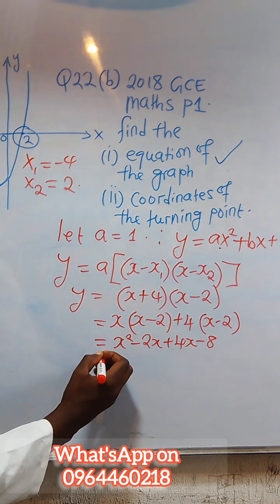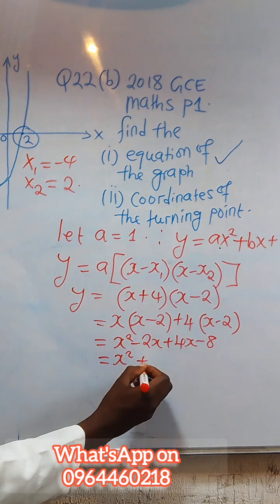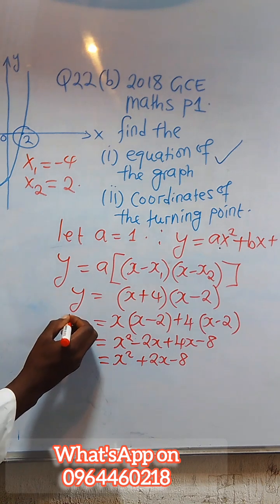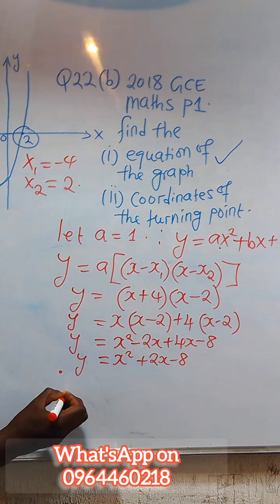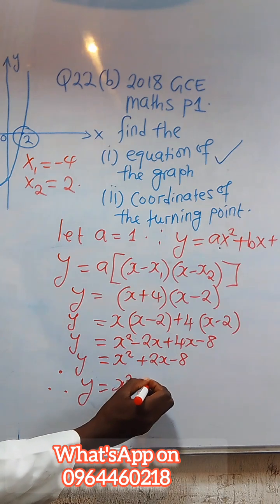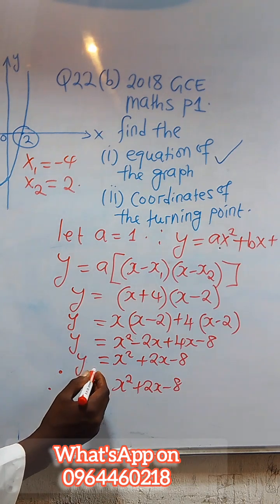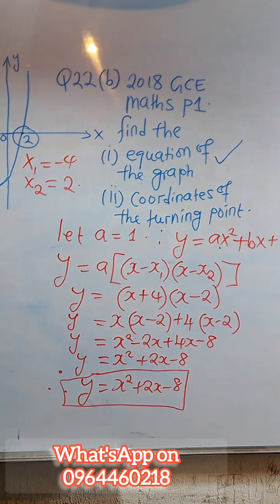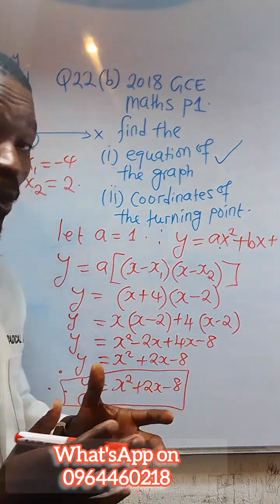Now we collect the like terms: x squared, plus 2x, minus 8. So the equation is y equals x squared plus 2x minus 8, and that is our answer.